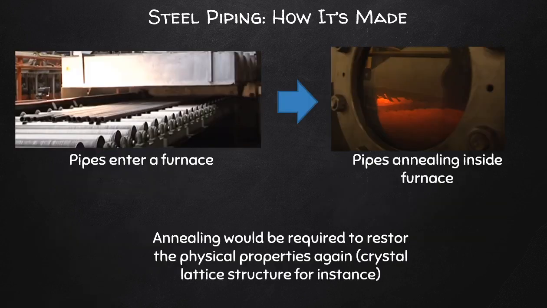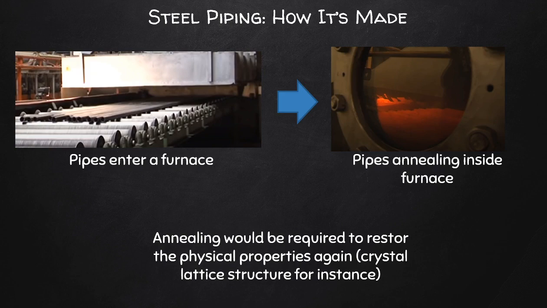Now, during the manufacturing of these different diameter pipes, through drawing, through pulling on the pipe, the pipes tend to lose some of their physical strength and also become brittle. So in order to reverse this, the pipes are placed back into the furnace, into a different furnace.